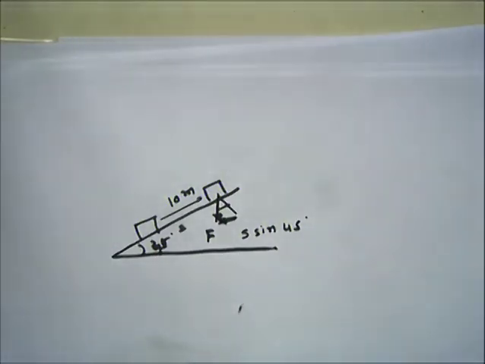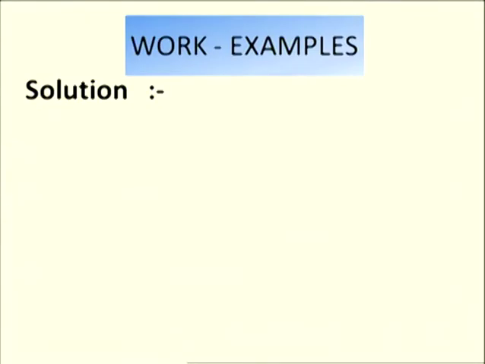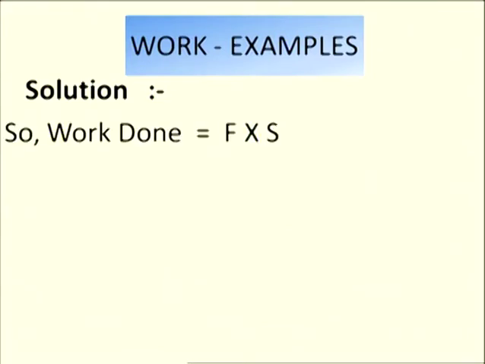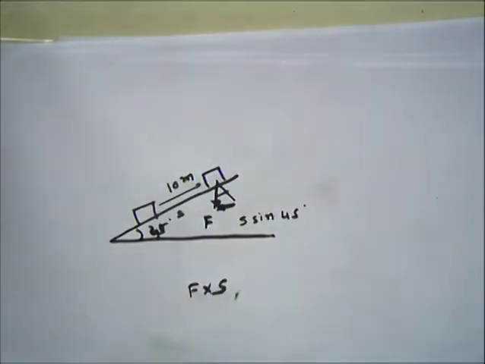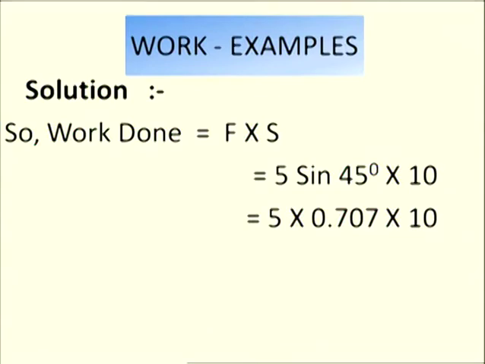S is equal to 10 meter. So work done is nothing but F into S, and that is 5 sin 45 multiplied by 10. So that is 35.4 kilonewton meter, so total work done is 35.4 kilojoule.